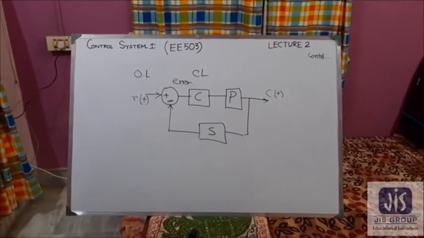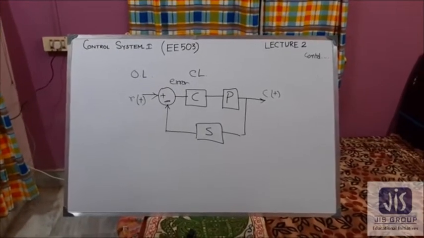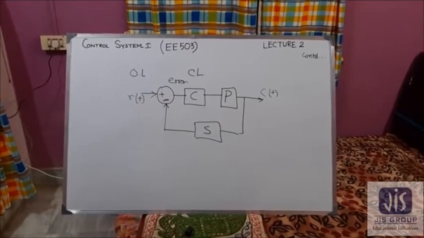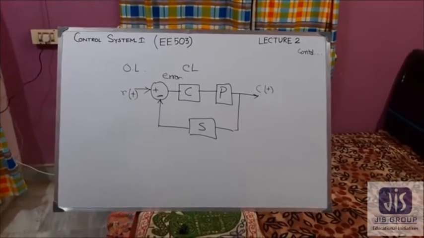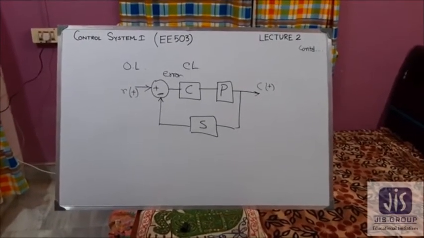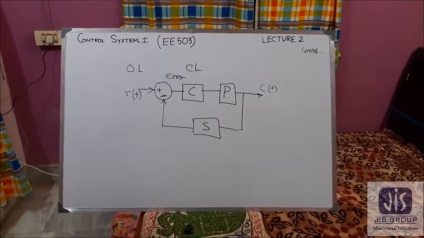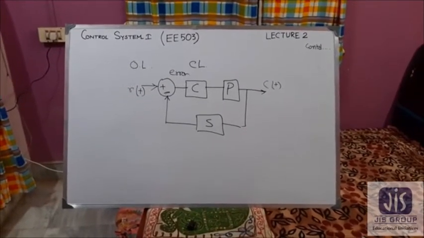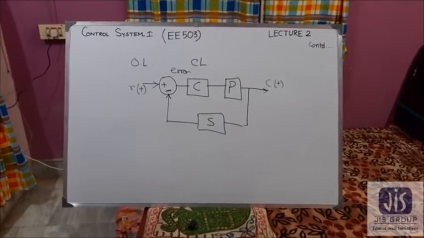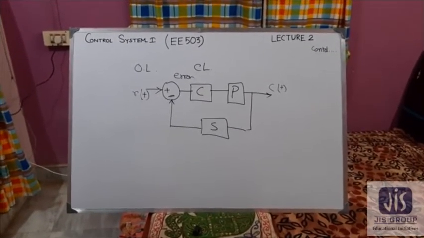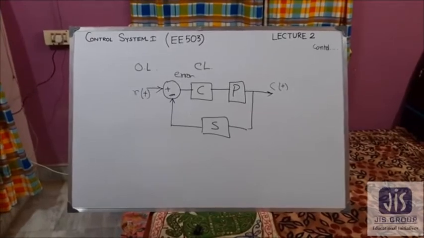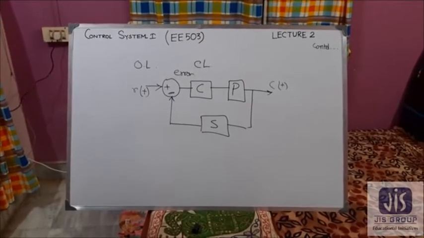So when positive feedback is used, the output gets added to the reference input, increases the error signal, and drives the output to instability. But sometimes positive feedback is used in the minor loops in the control system to amplify certain internal signals or parameters.